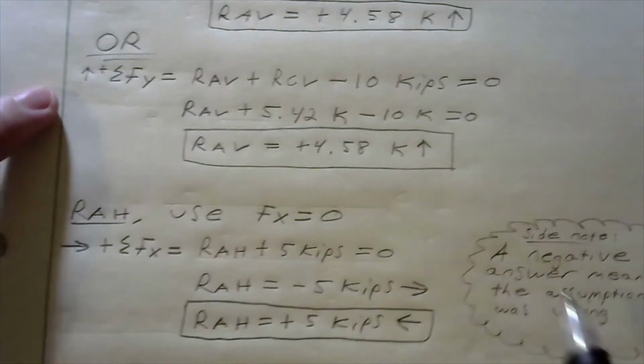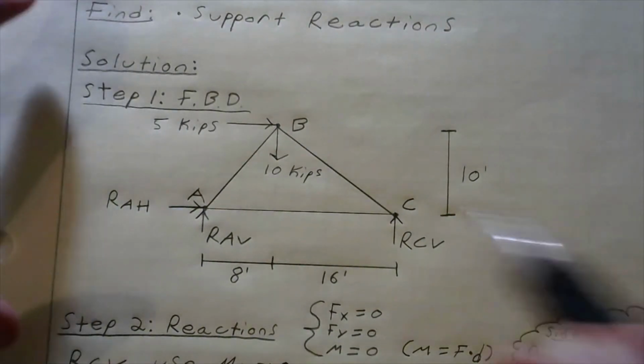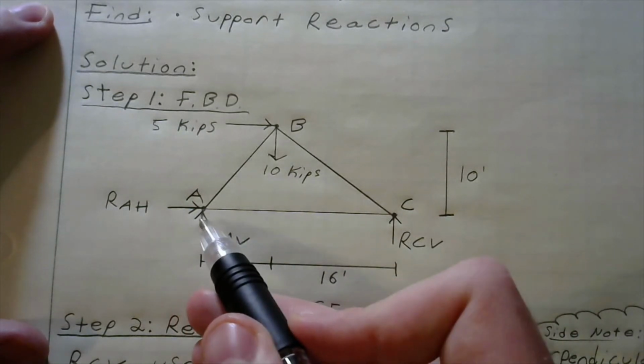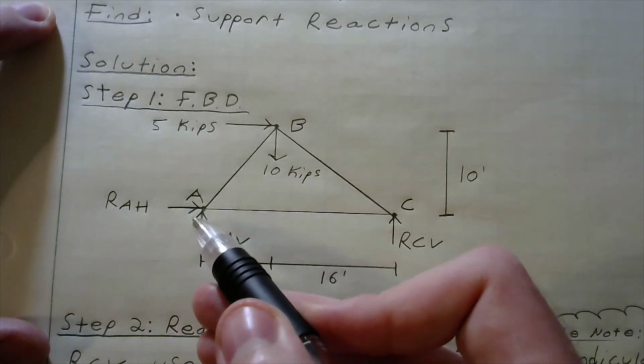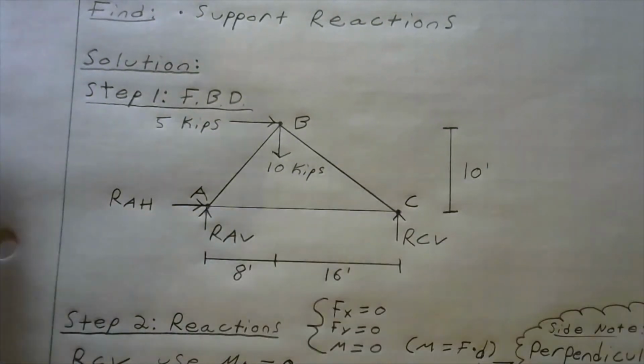I wrote a side note here for you guys. A negative answer always means that your assumption was wrong, because there's no such thing as a negative force. So here was my assumption. I'm saying it goes to the right, but because we got a negative answer, that means this arrow was wrong, and it's really going to the left.